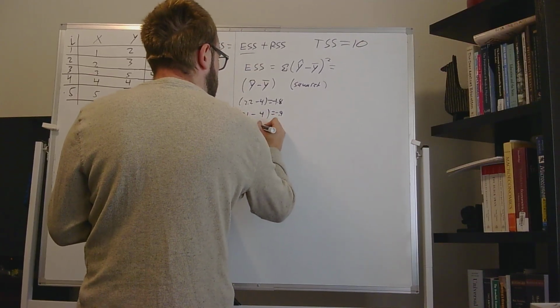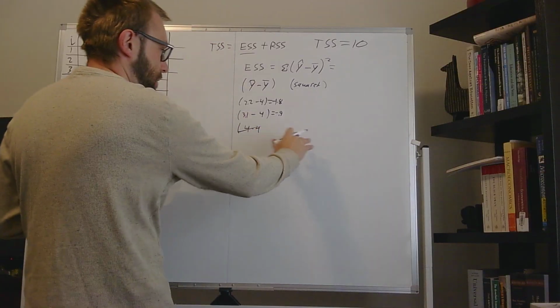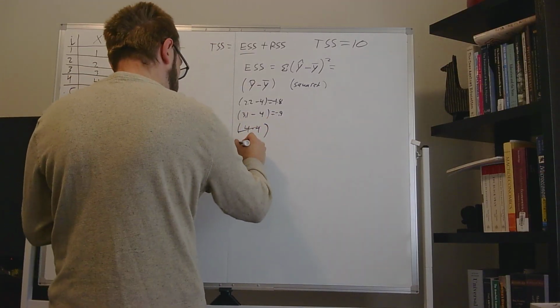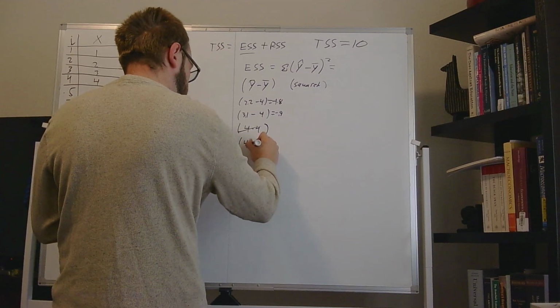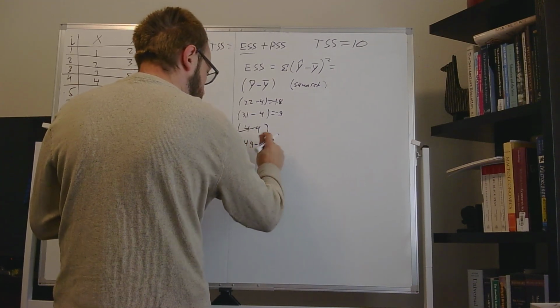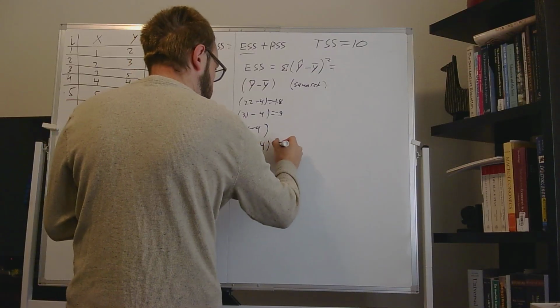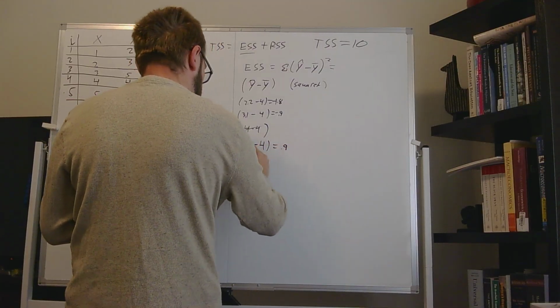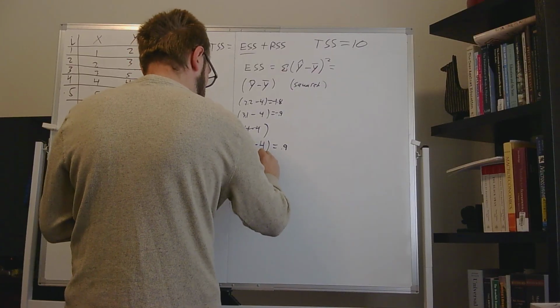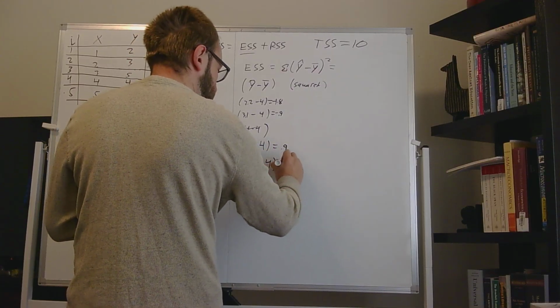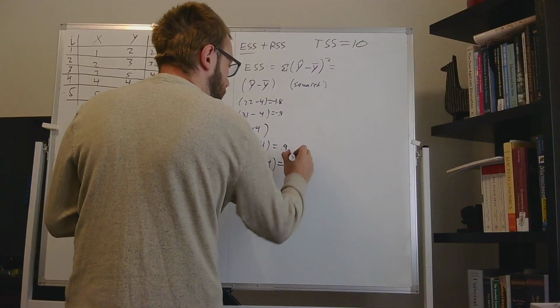Then we have 4 minus 4. You can throw that away, all of this is just going to be equal to 0 on that line. Then we have 4.9 minus 4, which is 0.9, but this time positive. And then 5.8 minus 4 is also positive, at 1.8.